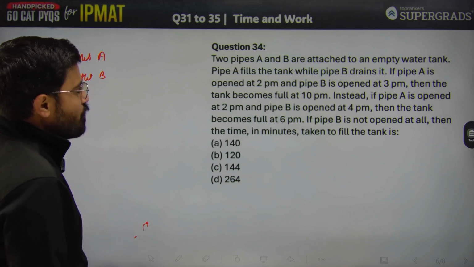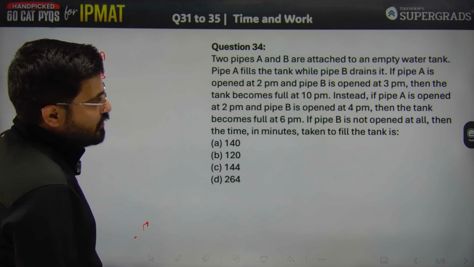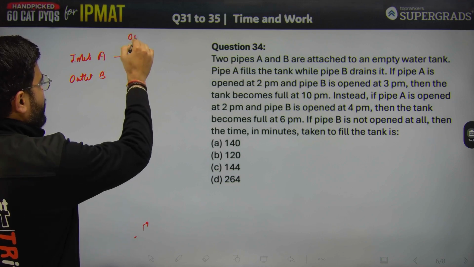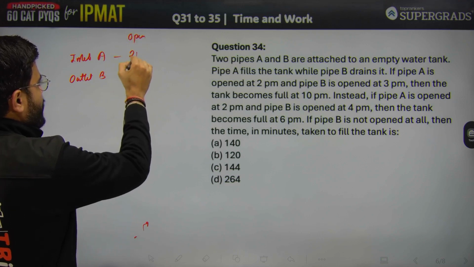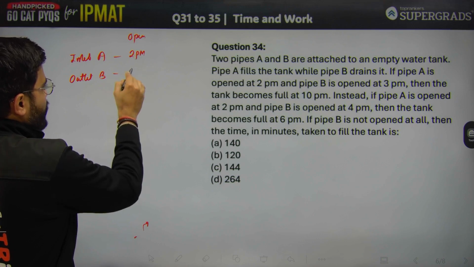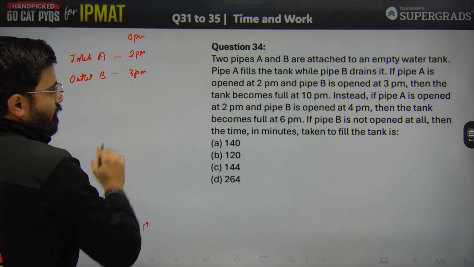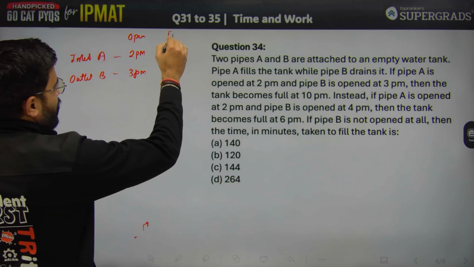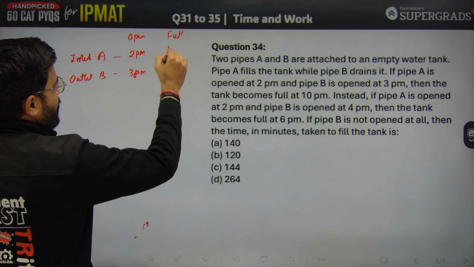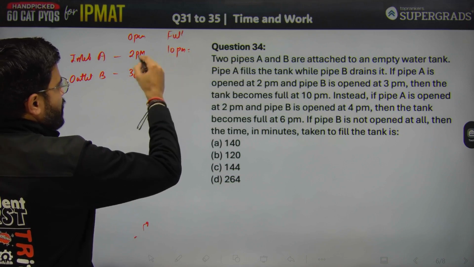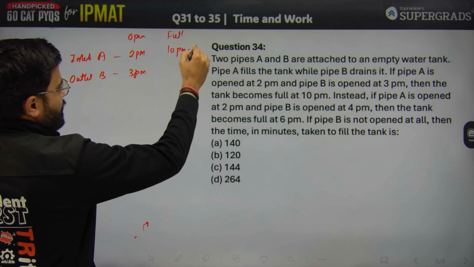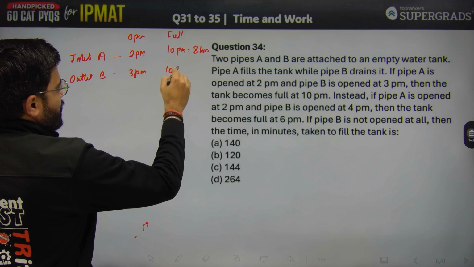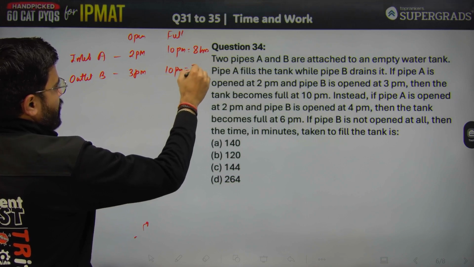If pipe A is opened at 2 p.m. and pipe B is opened at 3 p.m., then it becomes full at 10 p.m. So full time is 10 p.m. So how long did A work? 10 minus 2, that is 8 hours. How long did B work? 10 minus 3, that is 7 hours.